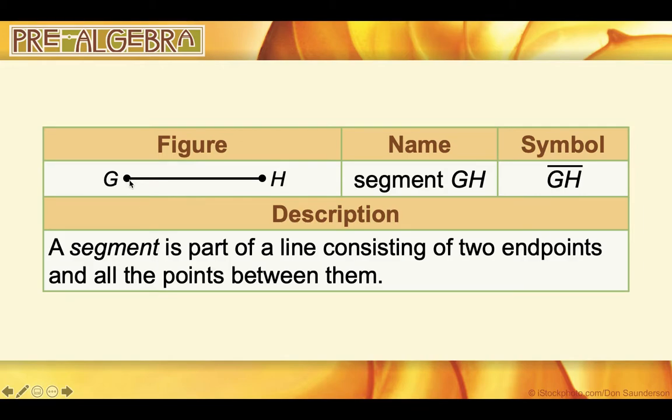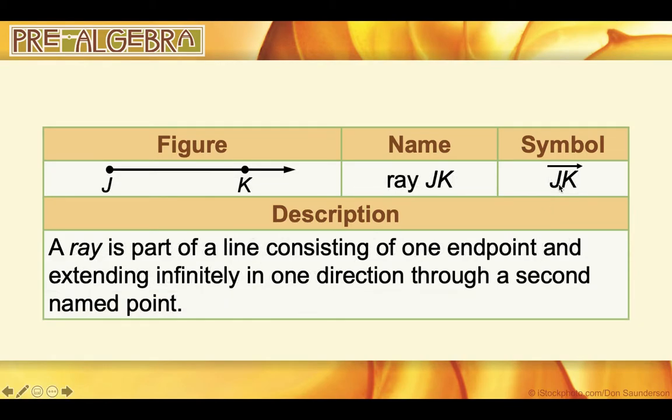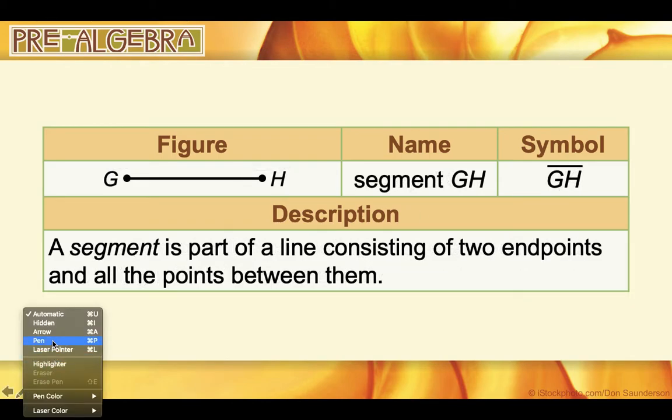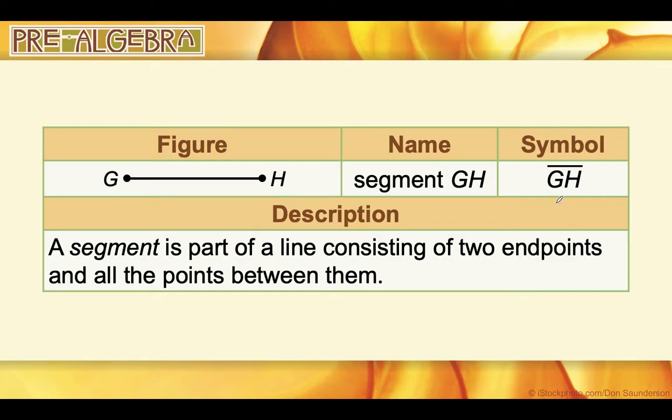So it's again made up of all the points in between G and H. We represent a line segment with the 2 letters, with 2 points, but we just have a bar over the top of it. And we could also say segment HG. Let me get my pen up here so I can write if I need to. But we could also call this segment HG instead of GH.